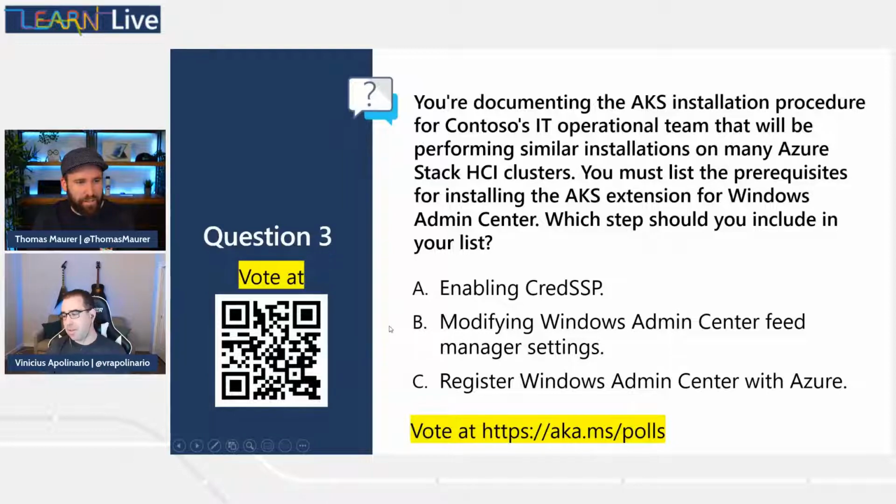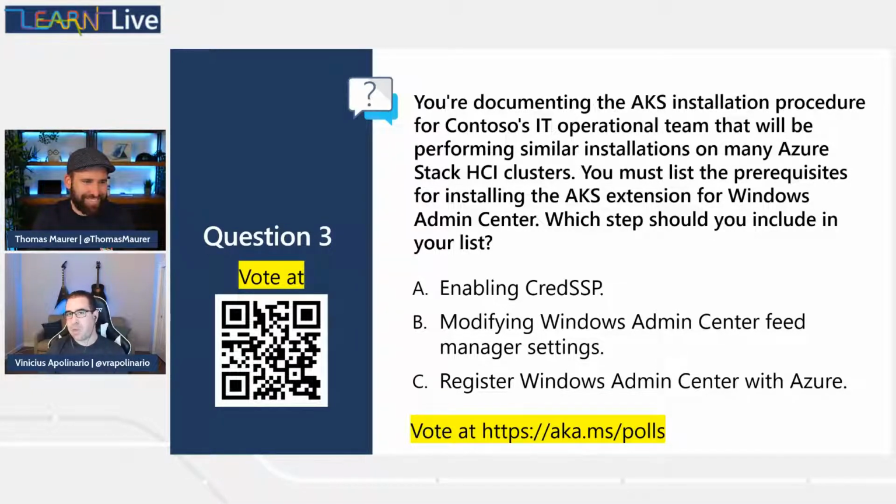All right, so the question for the knowledge check. You documented the AKS installation procedure for Contoso's IT operational team that will be performing similar installations on many Azure Stack HCI clusters. You must list the prerequisites for installing the AKS extension for Windows Admin Center. Which steps should you include in your list?